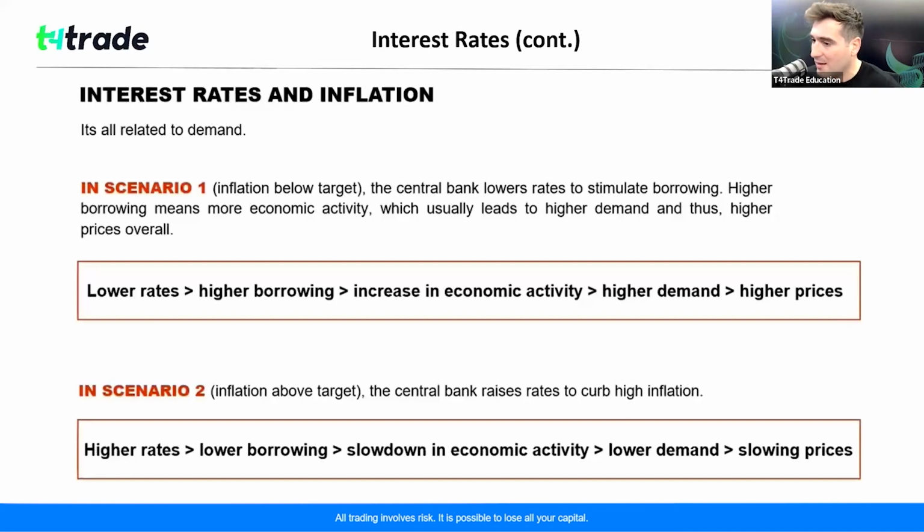And therefore, in these stricter times of monetary policy practices by central banks, borrowing tends to be lower. Fewer people are going to the bank to get loans, either for business or, for example, to finance their houses. Lower borrowing tends to lead to a slowdown in economic activity.